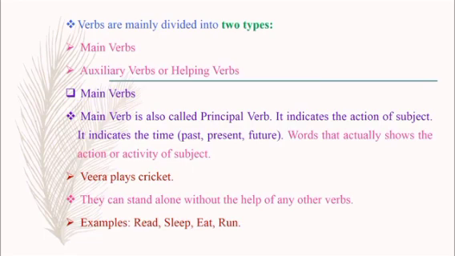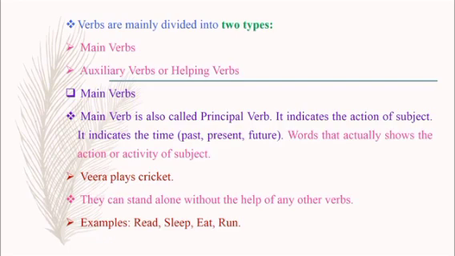So, main verbs can stand alone without the help of any other verbs. Examples: read, sleep, eat, run. All these words can exist independently and provide complete meaning to the sentence.